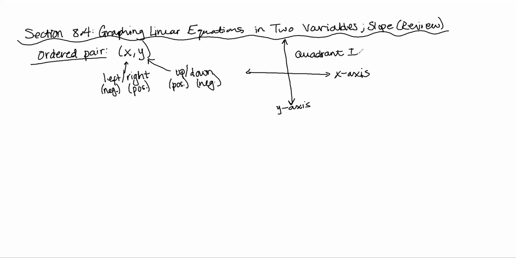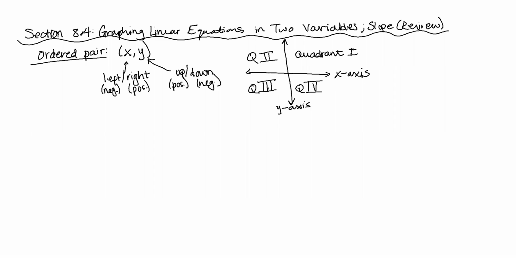We use Roman numerals. And then from there, we name the rest in a C shape. If we go to the left of quadrant 1, we have quadrant 2. Down from that, we have quadrant 3, and to the right of that, quadrant 4. I'm going to put Q's in front of those to show quadrant. Okay, so those are the 4 quadrants. We have our x and y axes set up here.